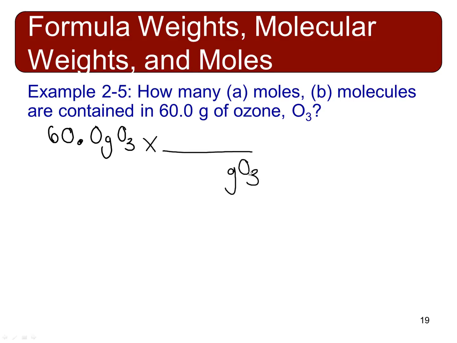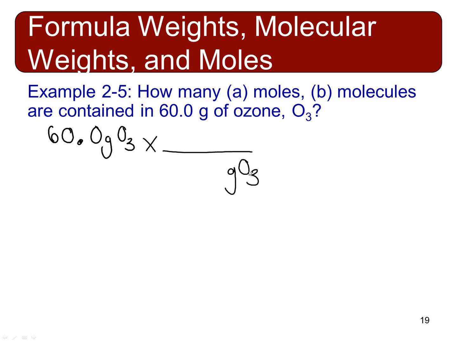Okay, you guys tell me what's the formula weight for ozone. Where'd you get 48? Our atomic weight on the periodic table tells us that oxygen is 16.00, but we have 3 oxygens, so we're multiplying times 3.